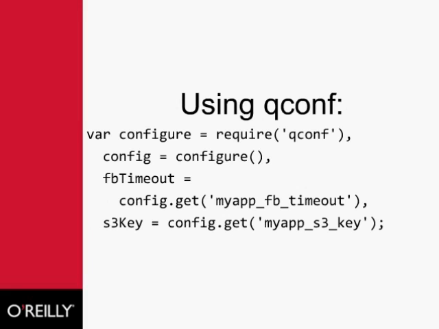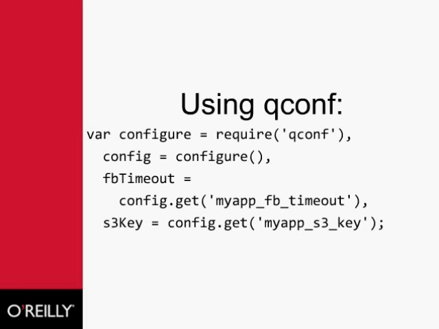It reads any arguments you've passed in, and you can pass an object into this configure function, and that will override any of those other settings. That's the order of precedence: the last one takes precedence over the previous ones. And you can check out the qconf documentation to remind yourself of the order of precedence if you need to.